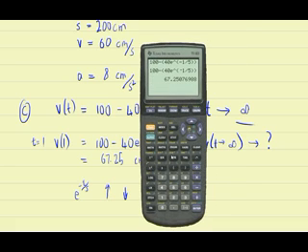I'll make t equal to 100, so minus 100 divided by 5. You can see it has suddenly become a very, very small number, 2.06 times 10 to the minus 9.